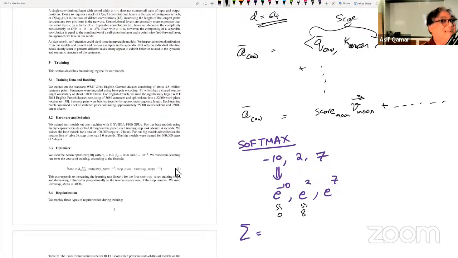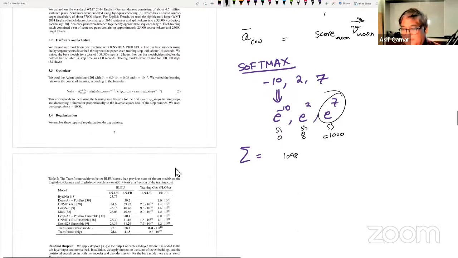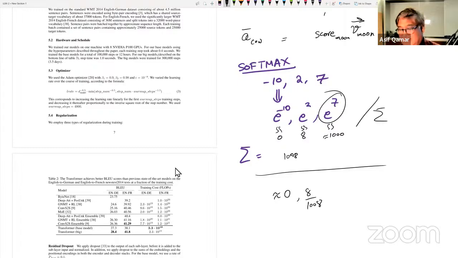It is 64 times 8 times 2, 64 times 16, right? 64 times 16 is approximately, let's say, 1,000. I would venture in the order of 1,000. So when you sigma it all, would it be reasonable to say it is basically dominated by this value, right? And so what will happen when you softmax it, in other words, divide all of these numbers by sigma, you will end up with practically 0, 8 over 1,008, and 1,000 over 1,008.